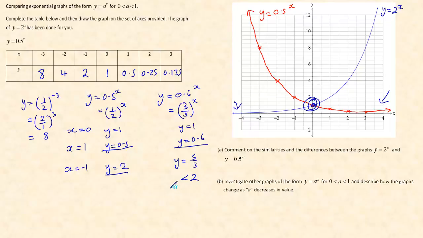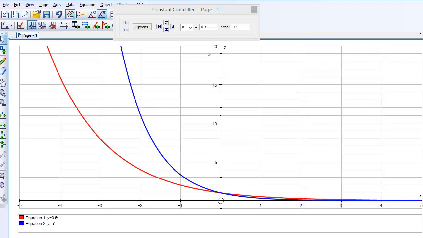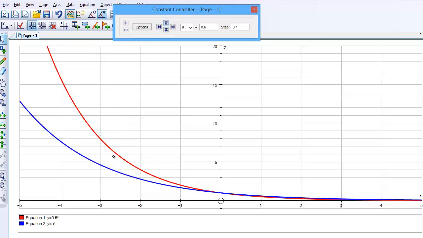So we'd expect this one to be below when we're on this side, equal here, and above on this side. So is that what we see? So let's change the a to 0.6. And there we go, the blue one is below on the left, they cross here, and the blue is above on the right.